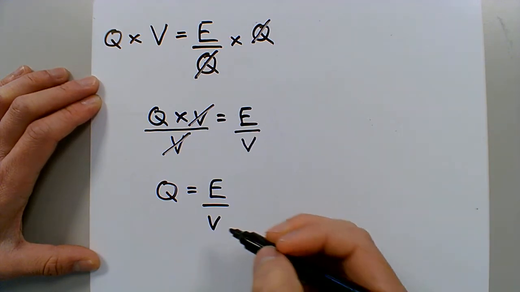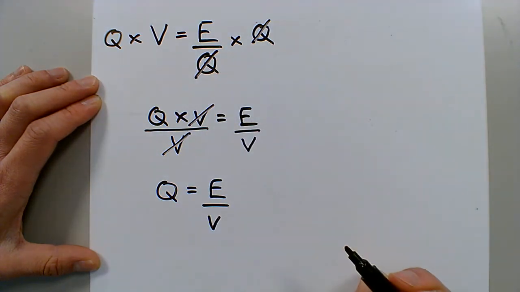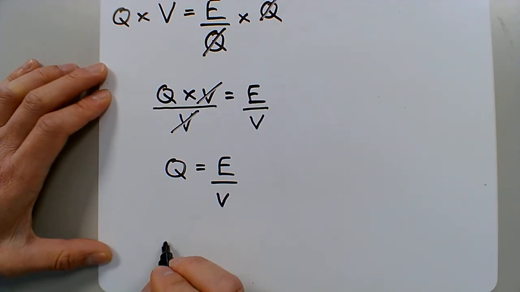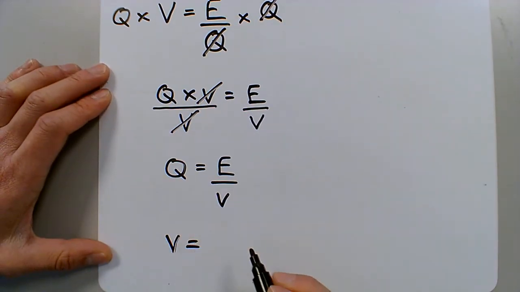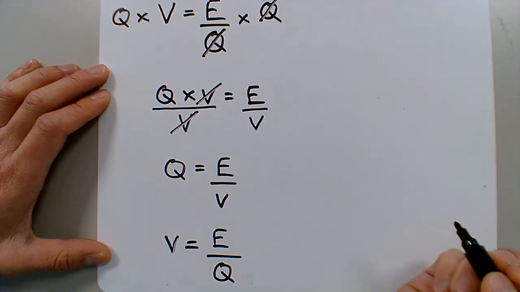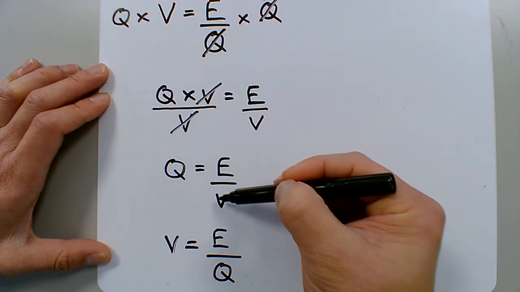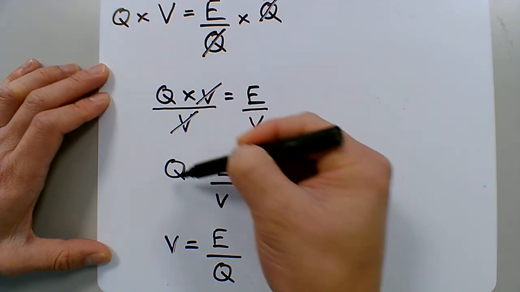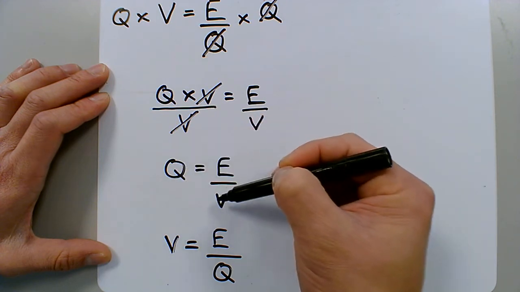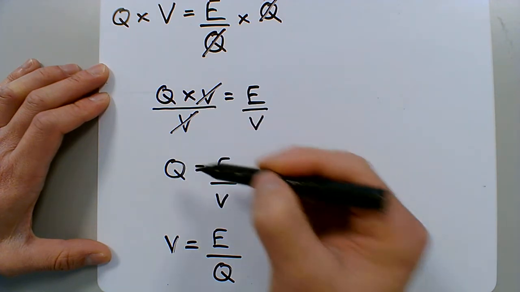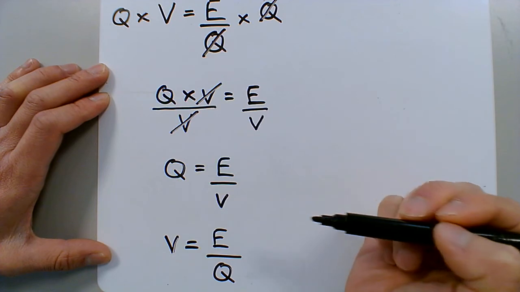Now, if you look back at the original equation, so I'll write it out here again. You've noticed that all we've done is switch these two characters here, or these two factors.